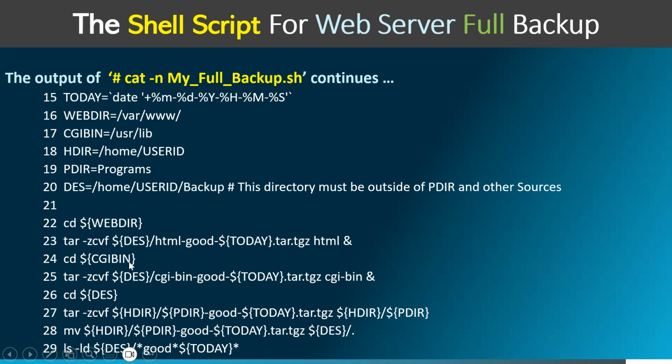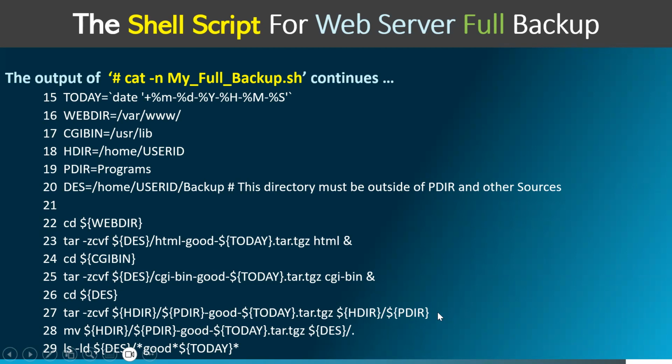Then this cgi-bin is also going to be backgrounded, and that is going to do it. But the third one on line 27, I'm not going to background it. The reason I don't background it is because this move command has to make sure that on line 27, the tar completes before I move it. So if the tar completes, then I can move it, that's okay.